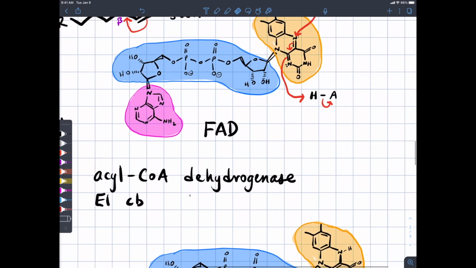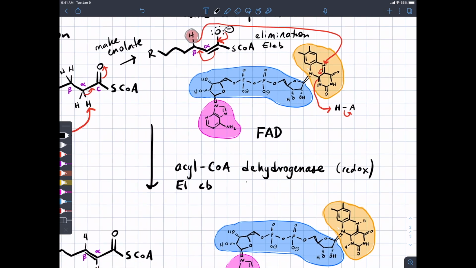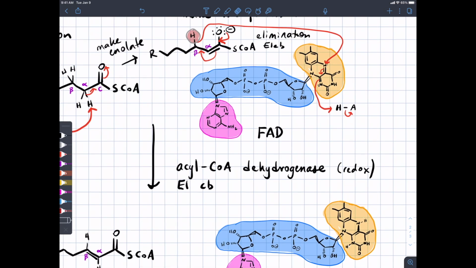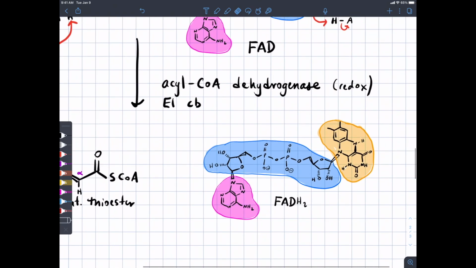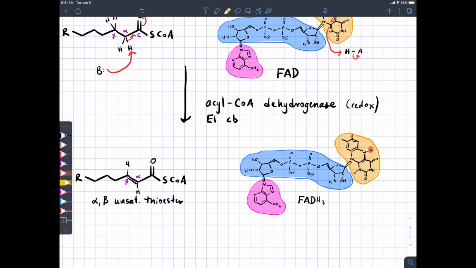And again, enzymes that are called dehydrogenases catalyze redox reactions. FAD gets reduced to FADH2. Here's the hydrogen we delivered, and here's the proton that we picked up from some other source.